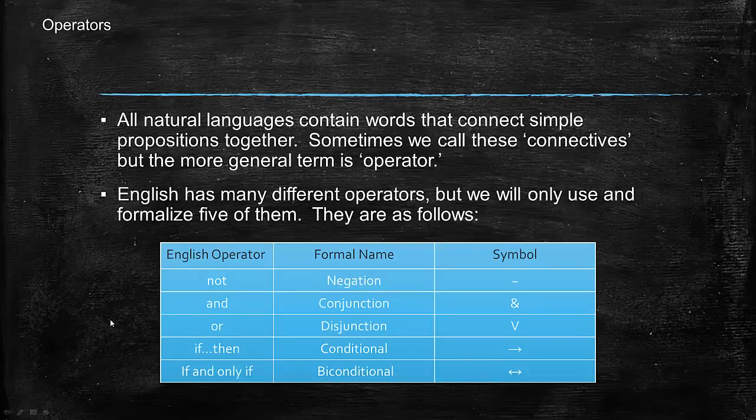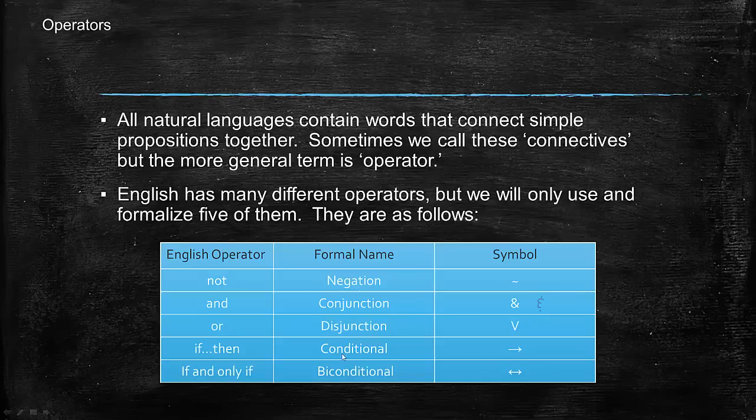So there's not, which we call negation, and we use this little tilde symbol. This is called a tilde. And there's and, which is called conjunction, and we use this thing called an ampersand, although when I'm actually writing freehand in class and here, I'll often write it just like that because it's easier for me, and you can do that too.